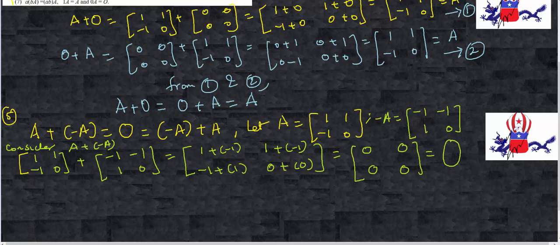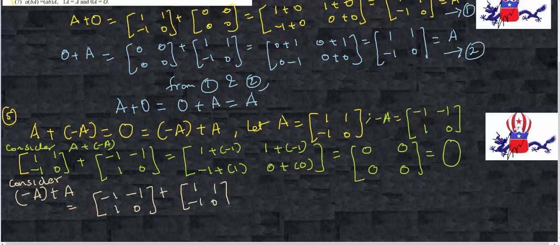Now let us work out the right hand side, which is negative of A being added with A. So negative of A is negative 1, negative 1, 1, and 0. This is being added with A, which is 1, 1, negative 1, and 0.